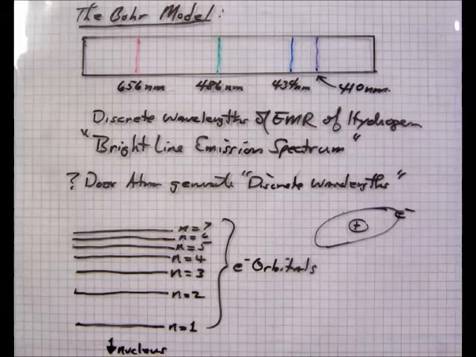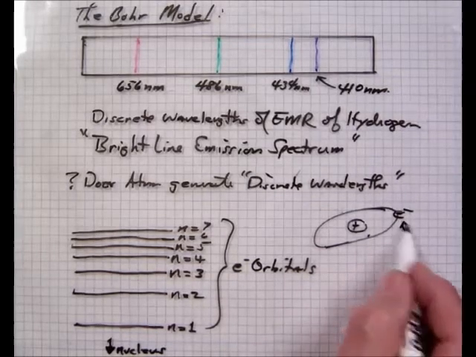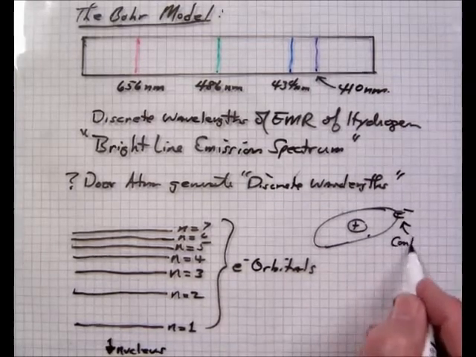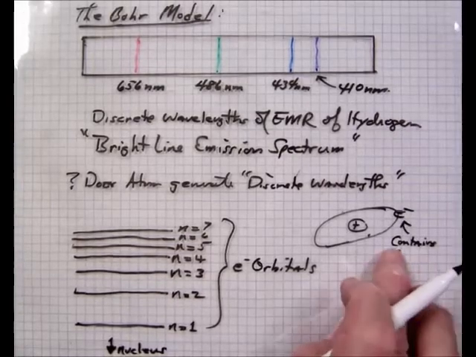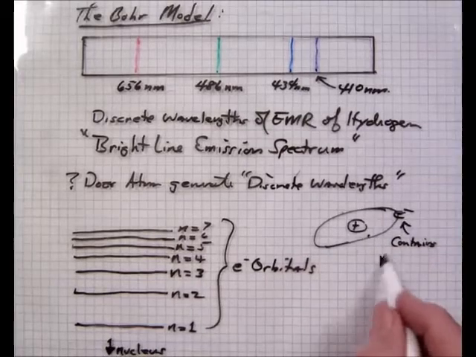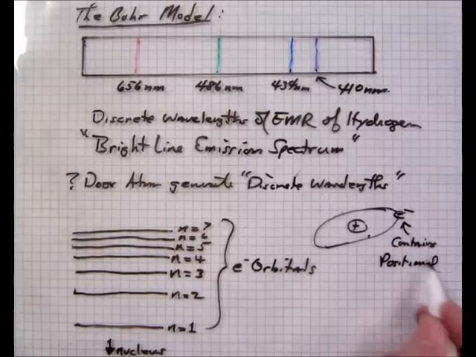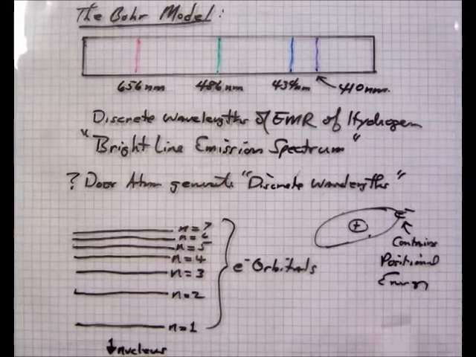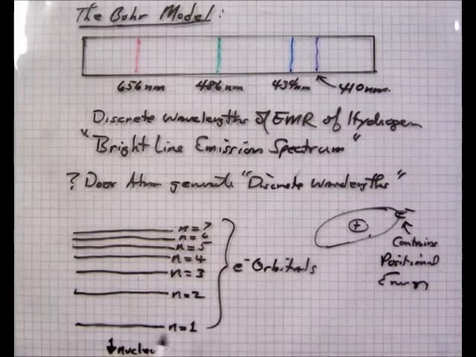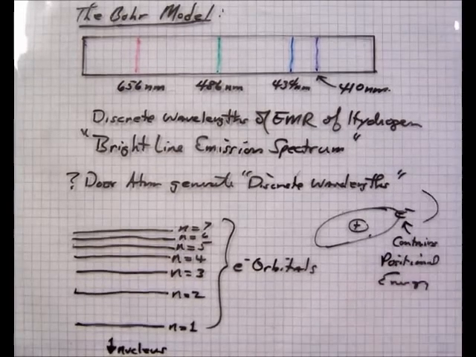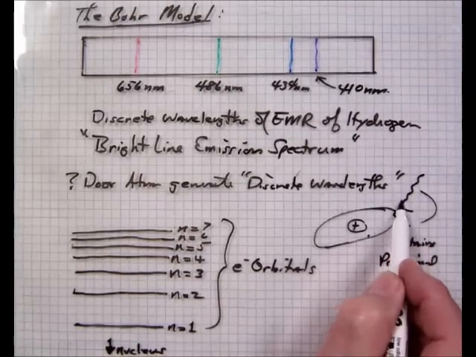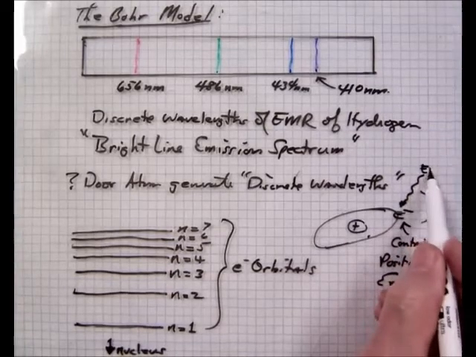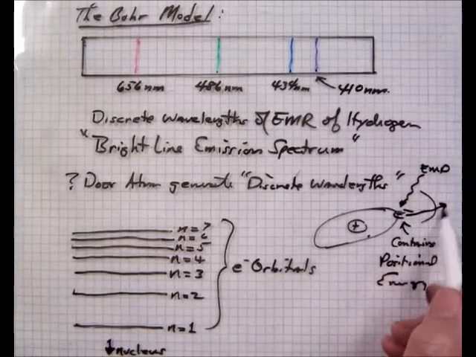Now, if an electron is in a given ring, say here's your electron, it contains a certain amount of energy. What we call a positional energy. So if we have an electron that's in this ring, and along comes some EMR light, then this thing will jump out.